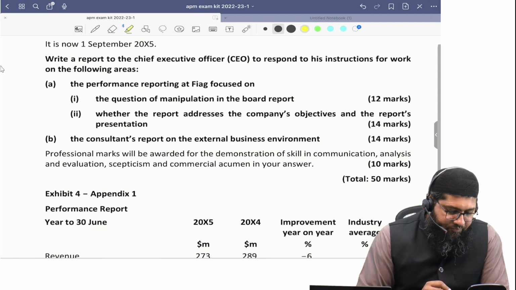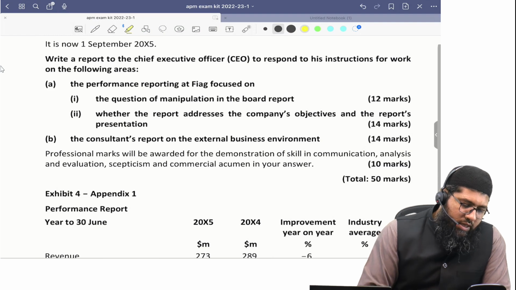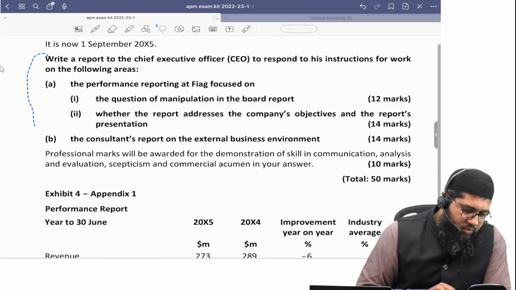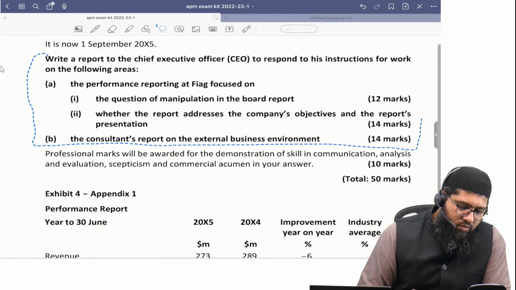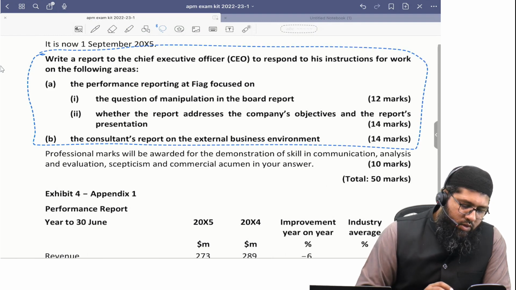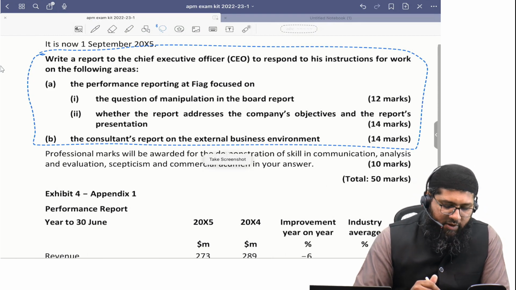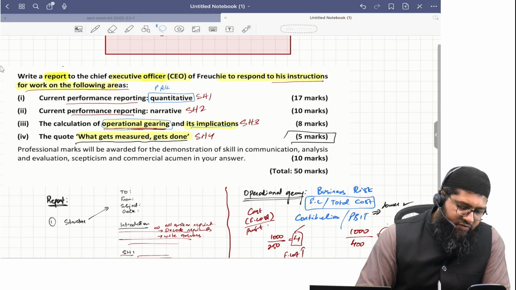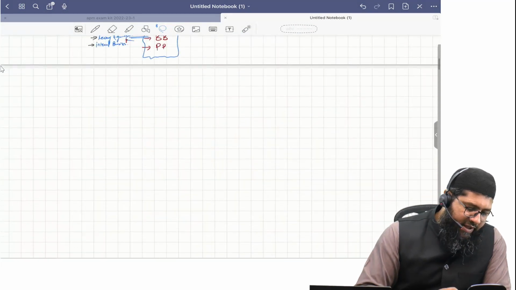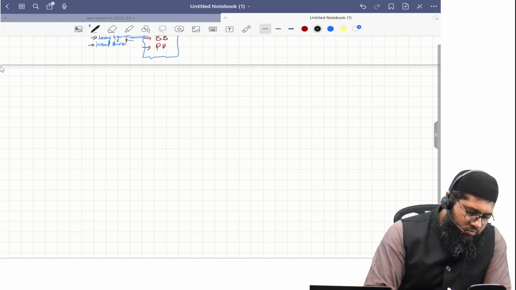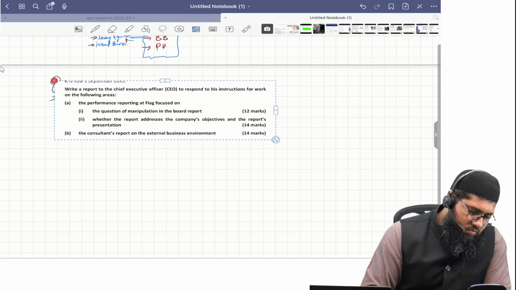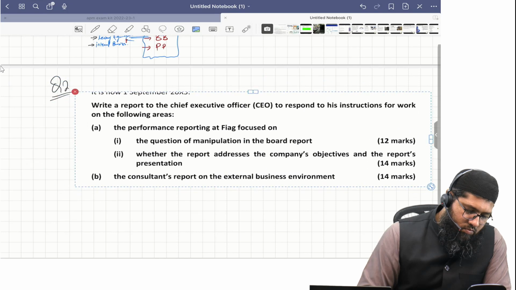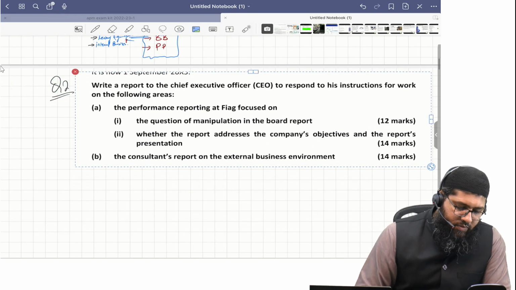Okay, see now. I don't want you to read through the question. I just want you to read through the requirement of the question and create an idea of what he is asking, what the examiner's requirement is.